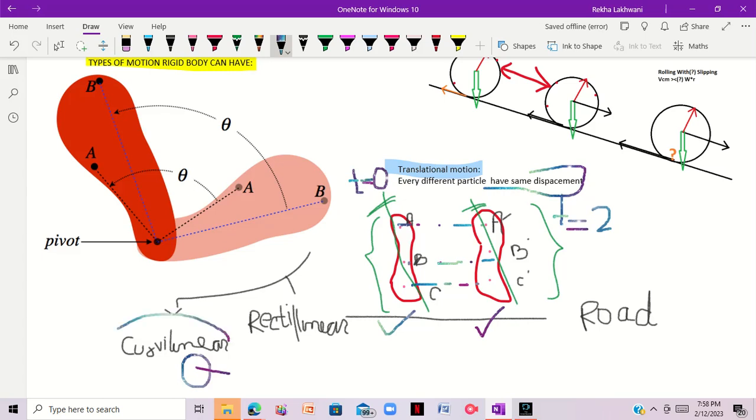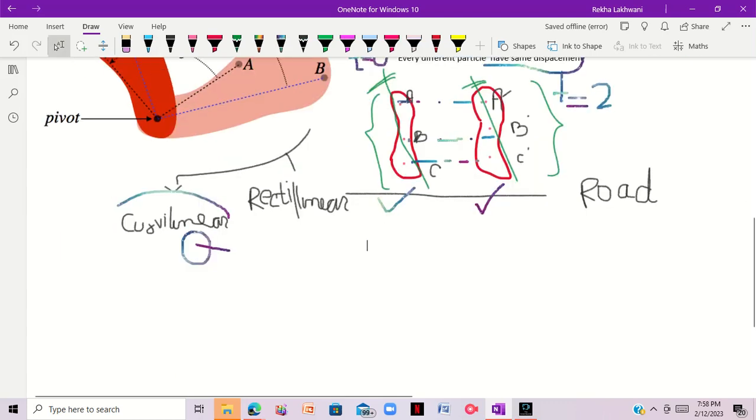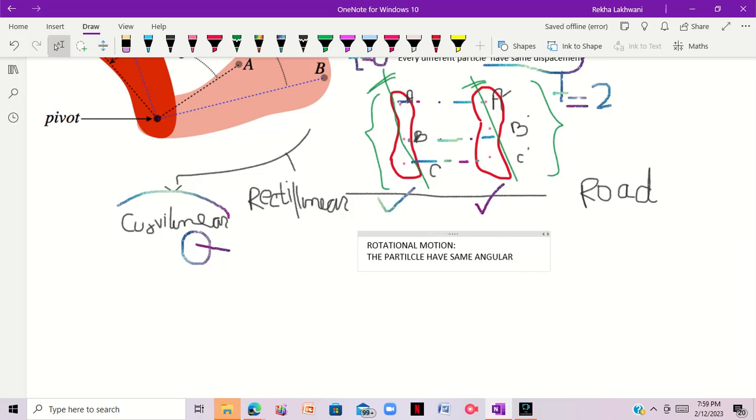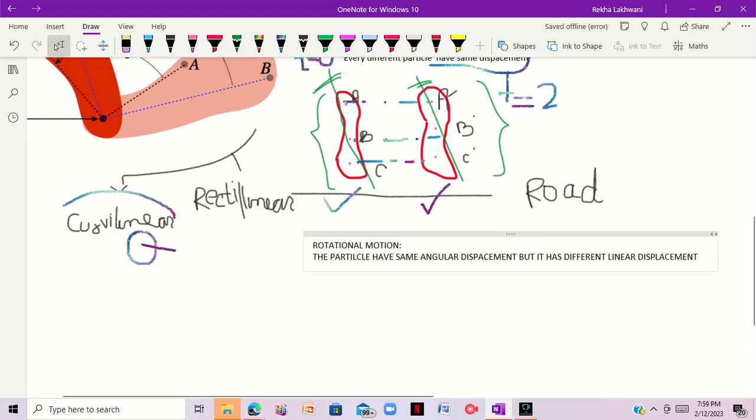Now we have another type of motion, which is known as rotational motion, right? In rotational motion, the particles have the same angular displacement but different linear displacement, right?